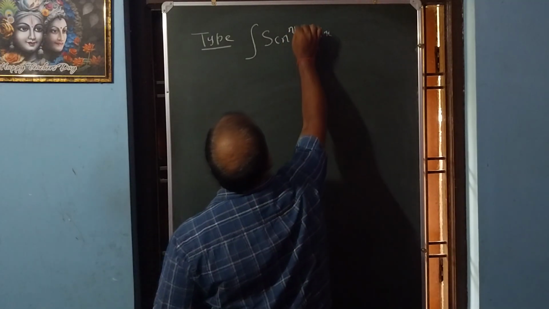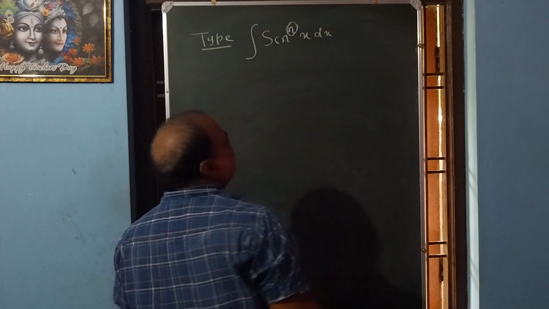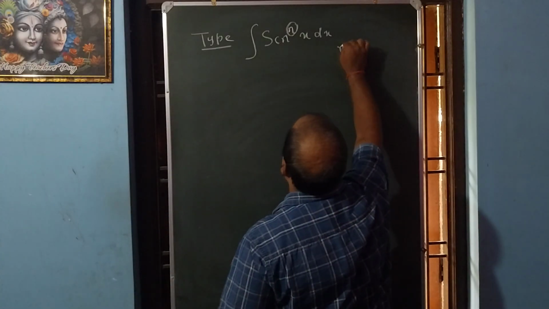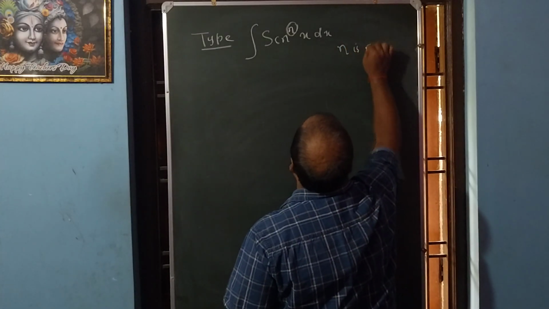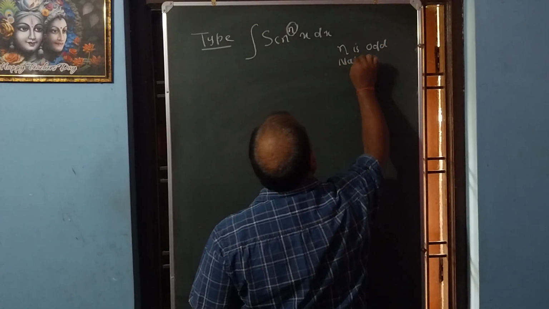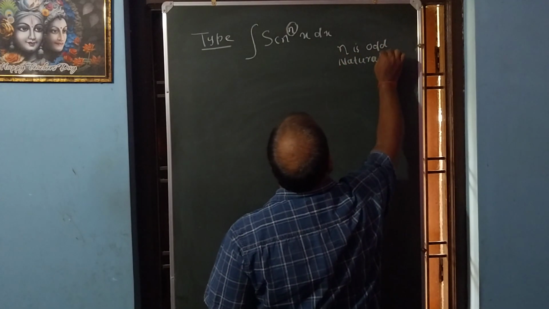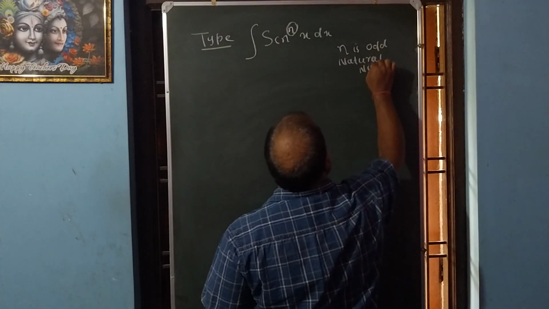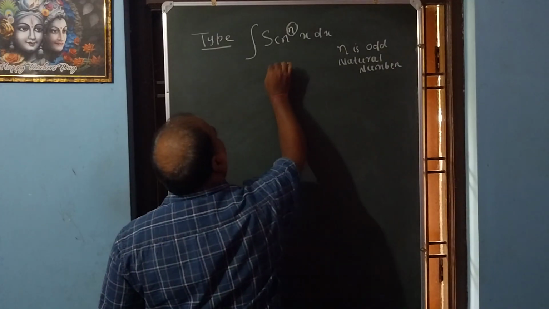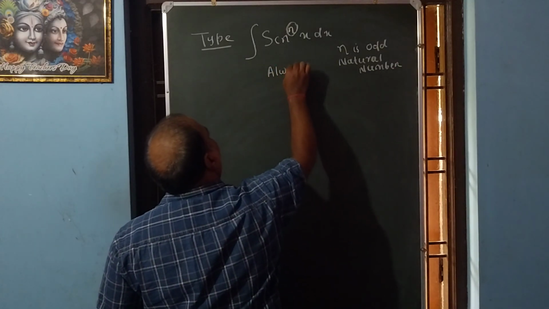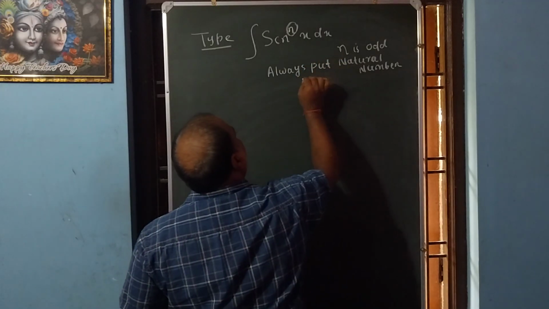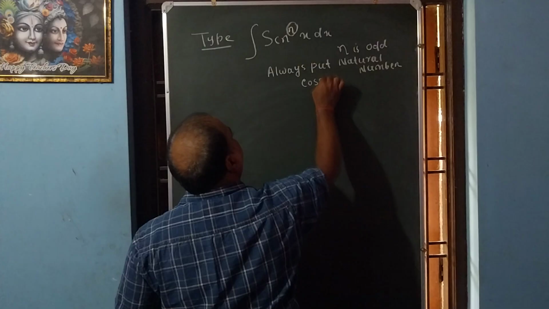For n a natural number, where n is an odd natural number, then always put cos x is equal to t.